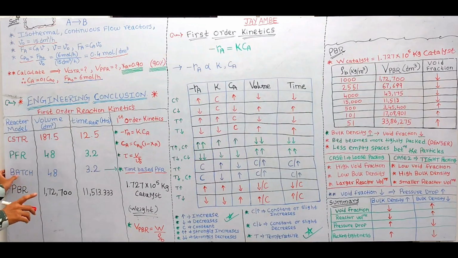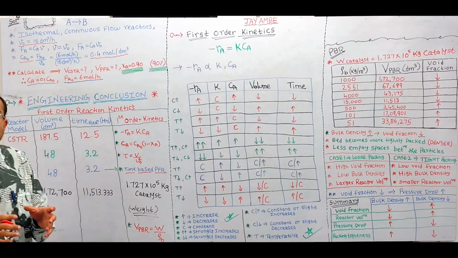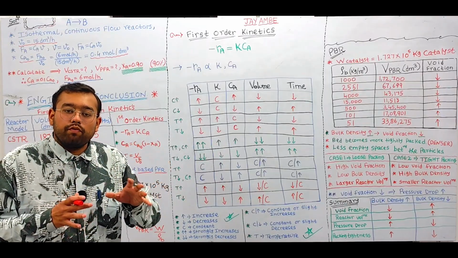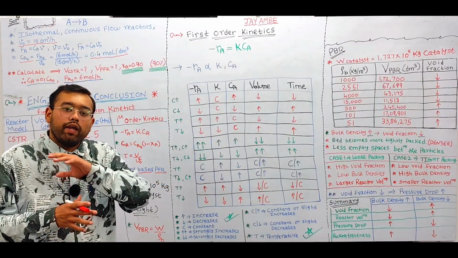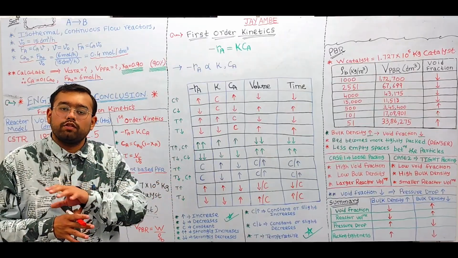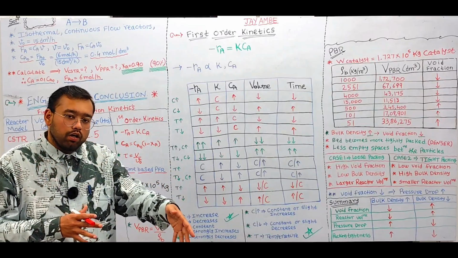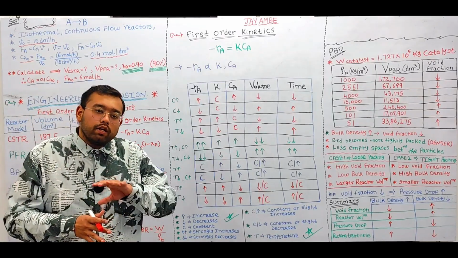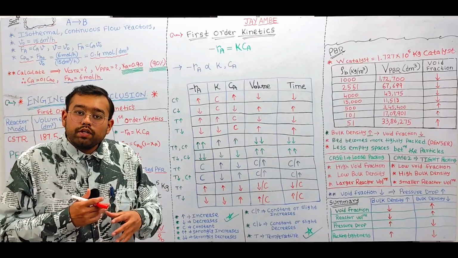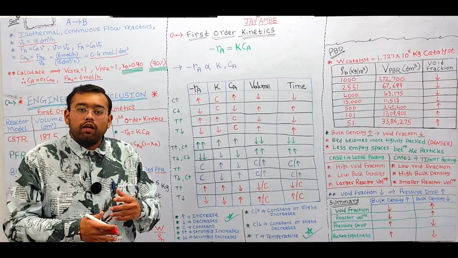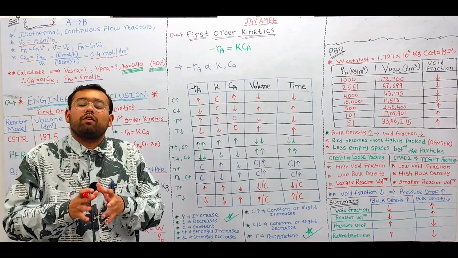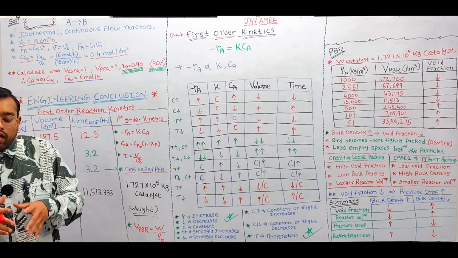The batch reactor is the only one batch reactor, right? Continuous flow reactors mean there is continuous feeding of the feed mixture via the inlet stream of the reactor. Continuously, in the reaction environment of the reactor, the reaction takes place, reactants are transformed into product, and conversion is achieved.